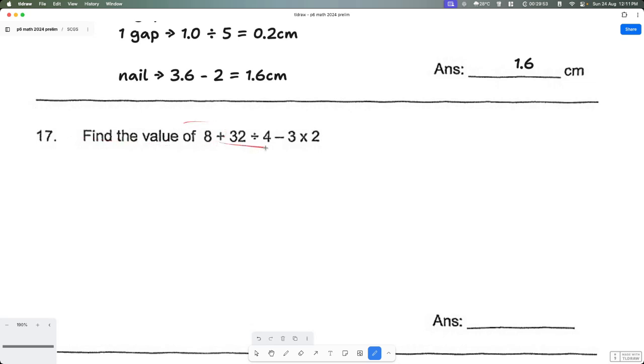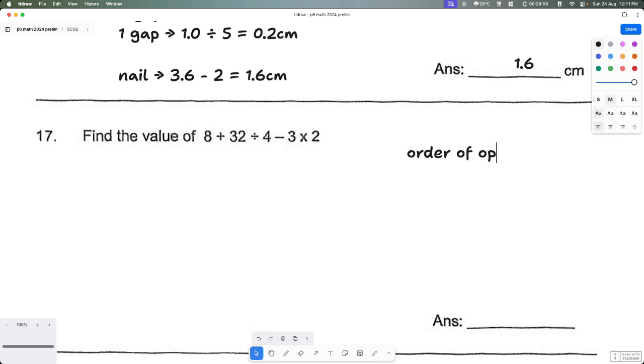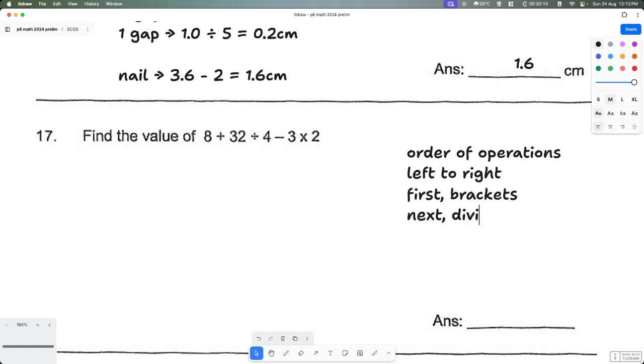Find the value of 8 plus 32 divided by 4 minus 3 times 2. So order of operations, left to right. First we have brackets. This time there's no brackets. Then next is divide or multiply.